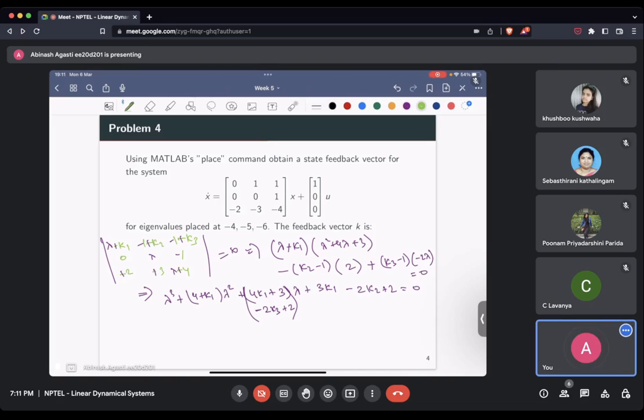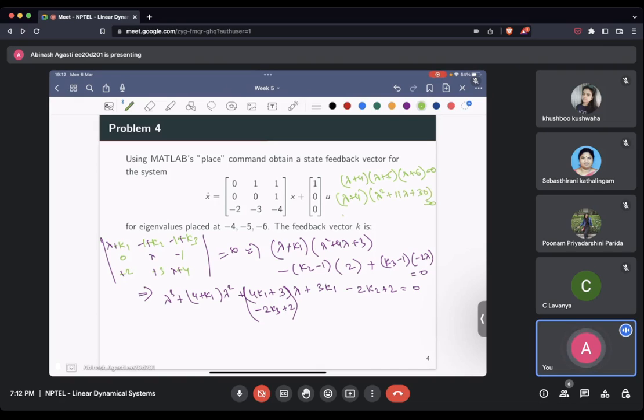Then what I want it to be equal to is lambda plus 4 into lambda plus 5 into lambda plus 6 equal to 0, because I want this polynomial to have these roots. So what I can do is write this and compare the coefficients.